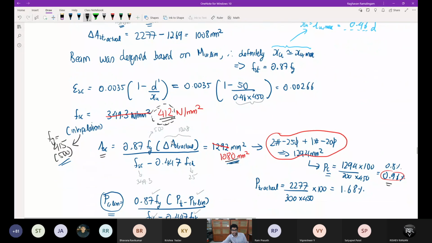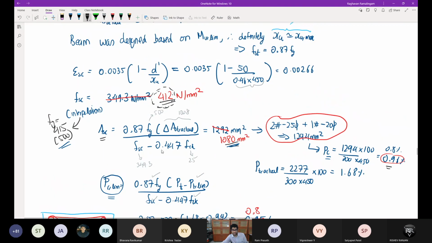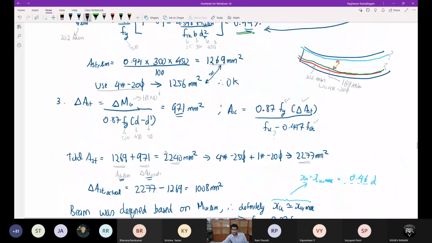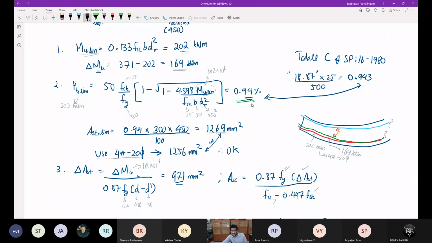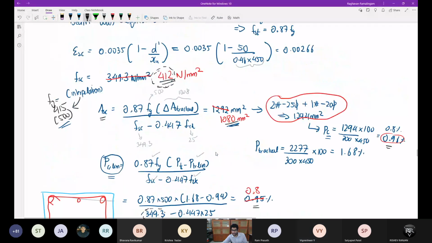If it's 500, PT limit will be around 0.94. See, we used 25 and 500 here only. It's correct only. 0.94 PT limit is correct. Okay, sir.